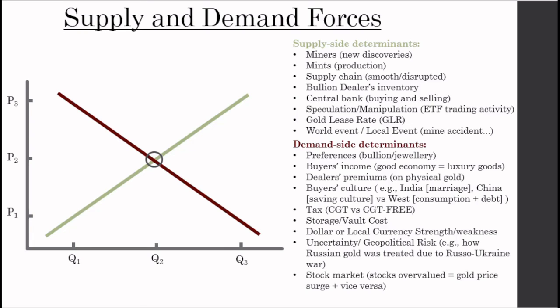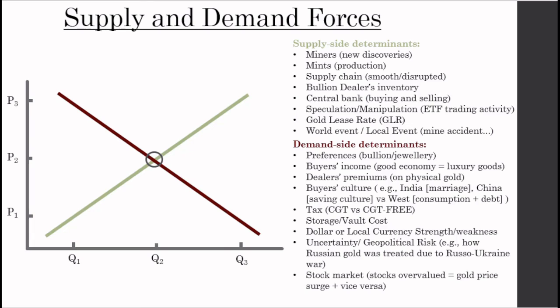Because if stocks are really strong, really high, that automatically means that there is not a lot of interest in gold. But obviously, after seeing that this is actually happening, people start to protect themselves. So they take the contrarian position. They start to buy gold. So demand for gold increases at that point.